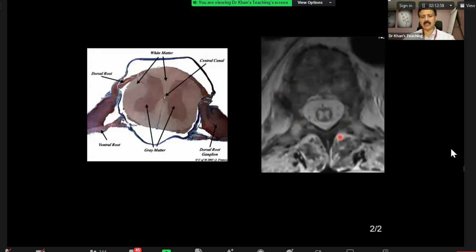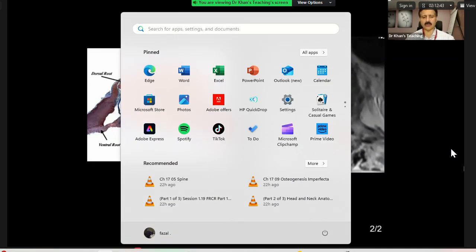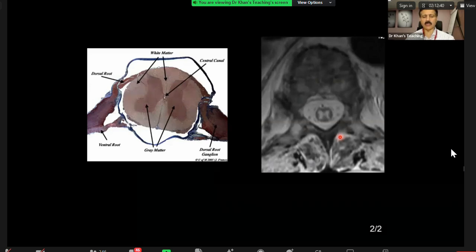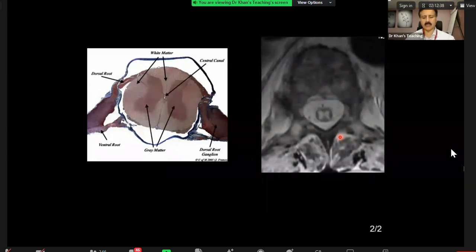The key thing is, please remember the cord blood supply, and the most important artery other than the other arteries at various parts of anatomy is the one which arises from the intercostal artery somewhere between T7 and T10. The artery of, I can never pronounce this word, Adamkiewicz.